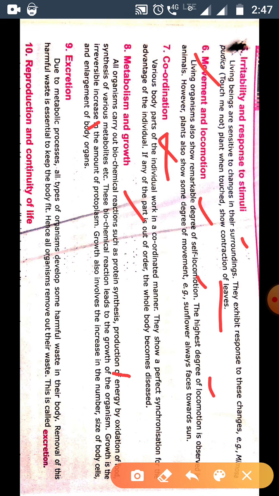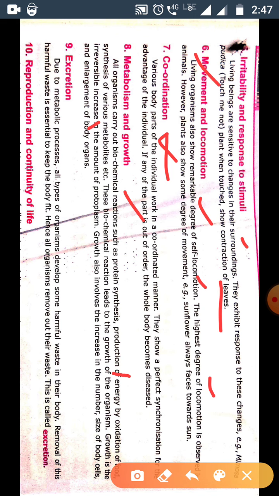The excretory product is excreted out of the body, and the profitable product, that is good nutrients, is assimilated in the protoplasm and becomes a part of the protoplasm.